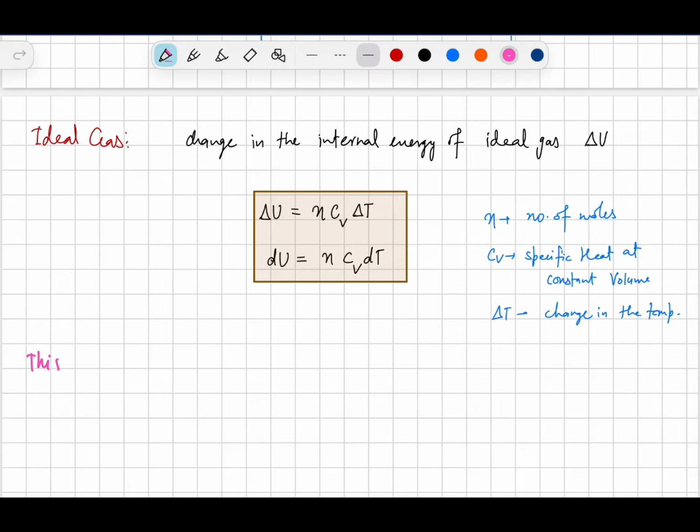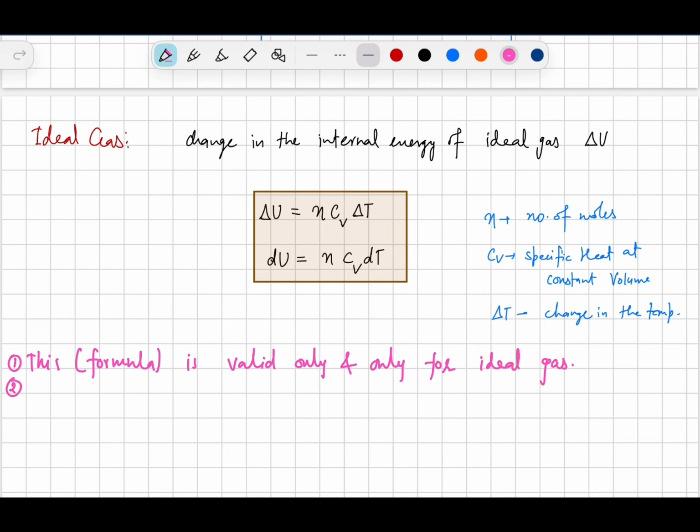This formula is valid only and only for ideal gas. First thing.